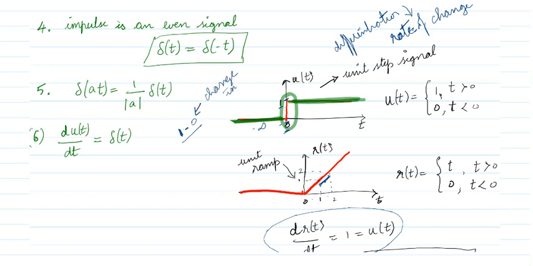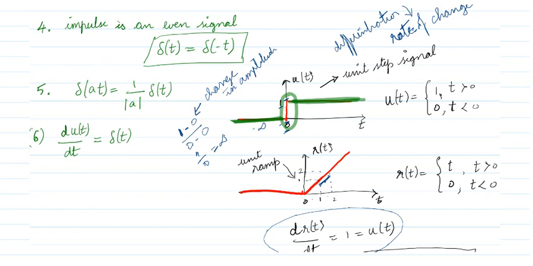Okay, what is the change in time? Time is 0 minus 0. There is no change in time. So it is 1 by 0. We get infinite. Right? So the simple thing is, when I differentiate a unit step signal, I will get an impulse signal. That's why differentiation of unit step gives impulse delta of t.